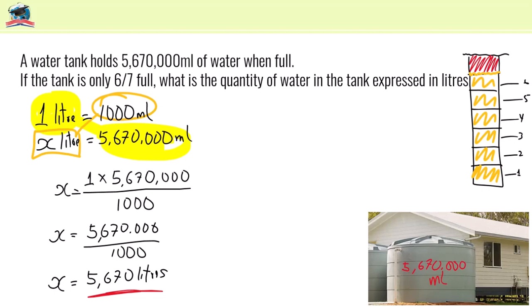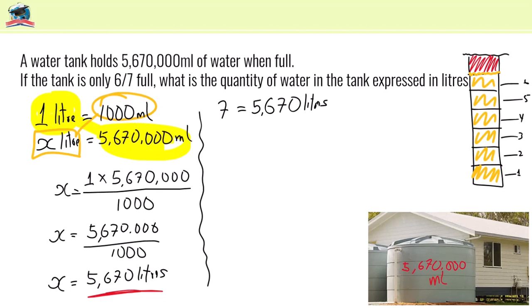Now, let's solve this question. If the tank is full with 7, that should give us a total of 5,670 liters. Now, it's not totally full. If it's full, there's going to be 5,670 liters, but it's only 6 out of 7 full.